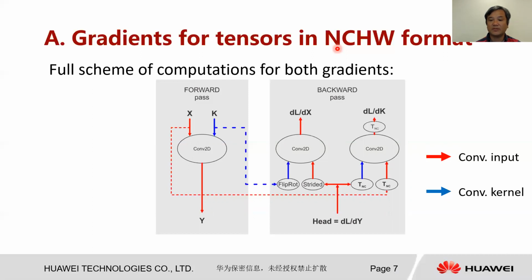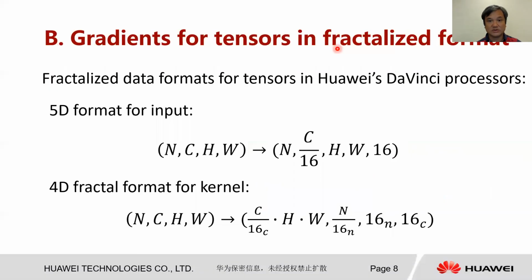Let me move now to the specialized data format used in the DaVinci processor. The DaVinci processor has a requirement for the convolution operator: the input must be in a 5D format. It means that from the NCHW format, we tile the C channel by a factor of 16 and rearrange the dimensions as shown here.